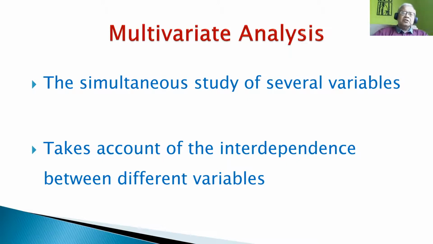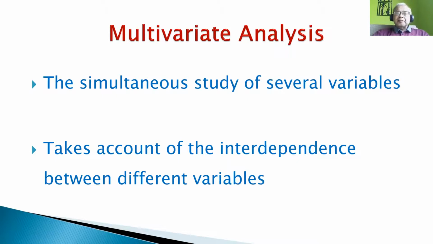And that is a feature that we want, that is an information, or that is something that we would be interested to capture. And therefore, we look at the simultaneous study of several variables. It takes into account the interdependence between different variables. So if you look at them independently, we cannot account for the interdependence between the variables.